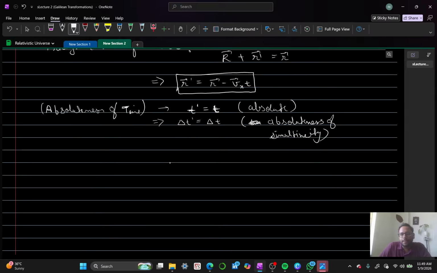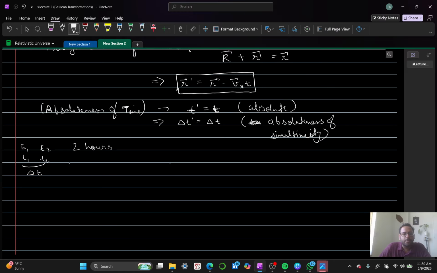If there is a difference between two events in your frame, suppose of 2 hours, one event happened at t1 and the second event happened at t2, the difference will be del t.